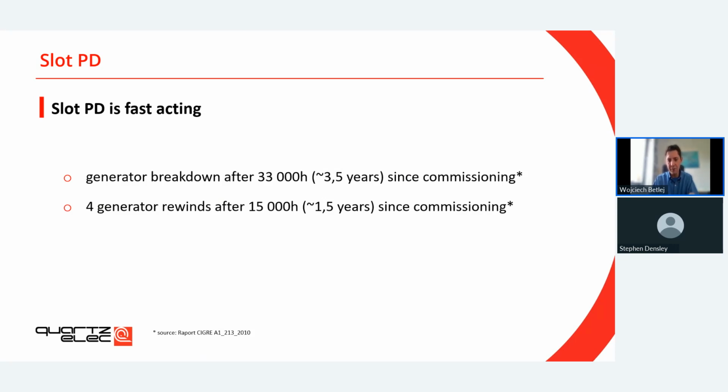So 3.5 years from a brand new machine to a breakdown due to slot PD. This is how quickly it could progress. And then the report gives an example of 4 generators that had to go through a stator rewind after just 1,500 hours, which is equivalent to around 1.5 years since commissioning. So look how quickly PD could eat that insulation system in the slot section.